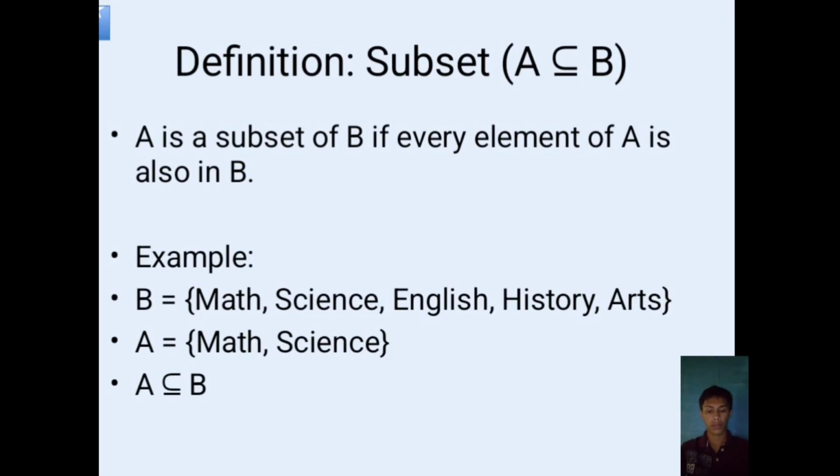We can say that A is a subset of B if the elements present in A are present in B. If we observe, math and science are also present in B. Therefore, we can conclude that A is a subset of B.